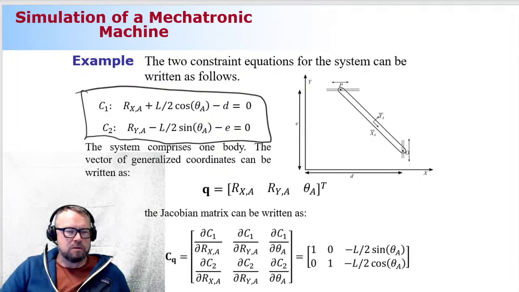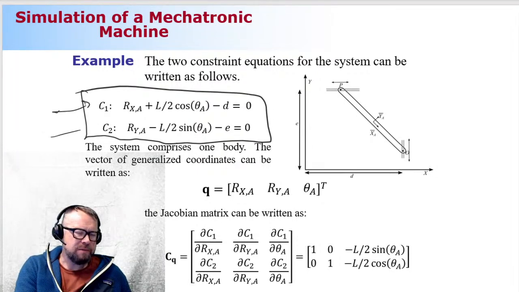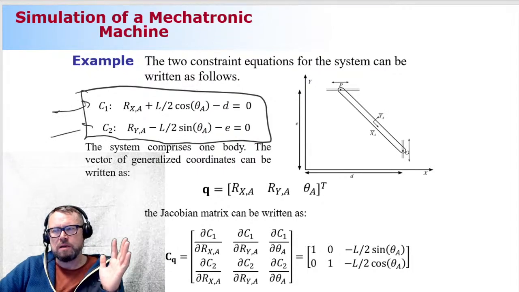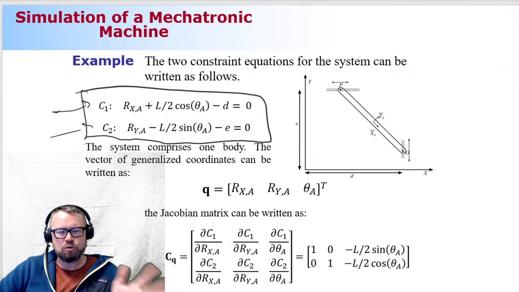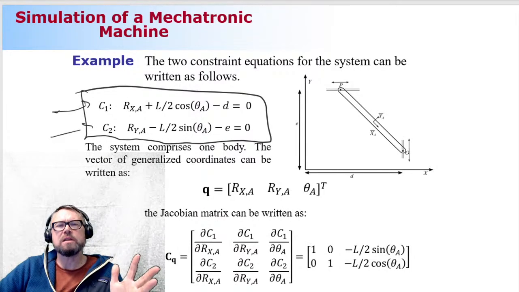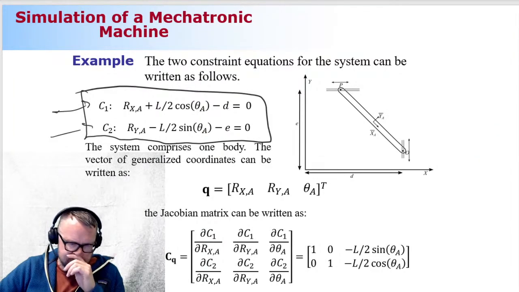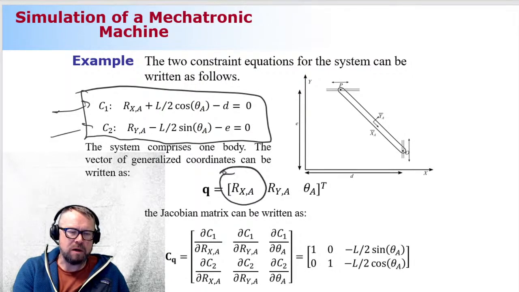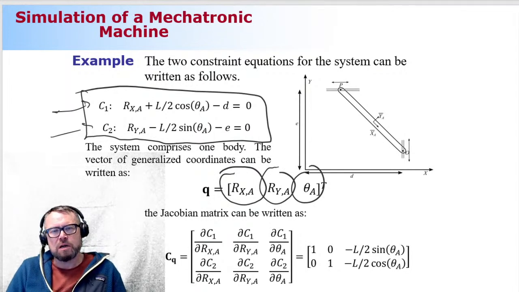The constraint equations are one piece of information needed, but we need another piece of information, and it is very straightforward. We need to know what the generalized coordinates are, what the unknowns are, what we are after in this whole thing. Because we only have one moving body, the generalized coordinates are Rx, Ry, and angle theta. Those are our generalized coordinates.